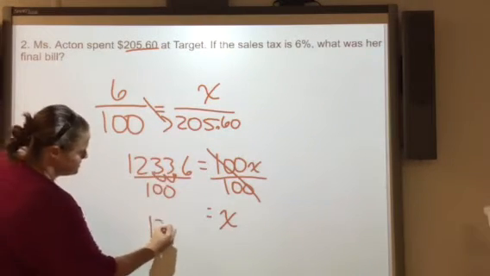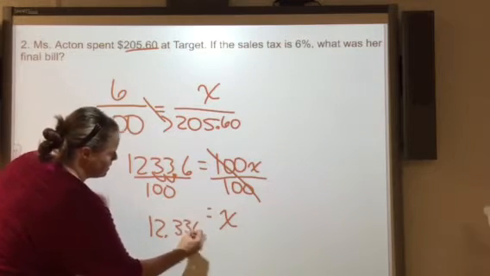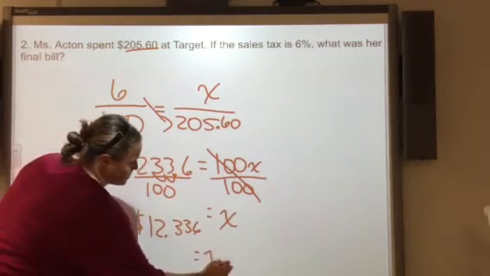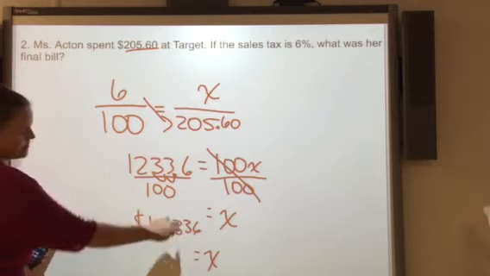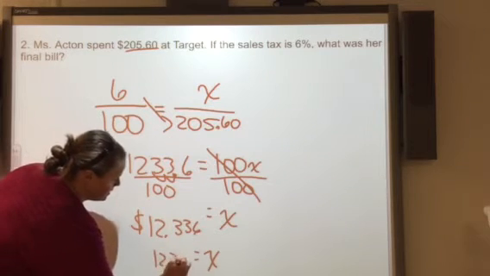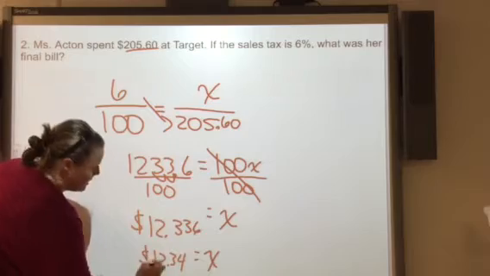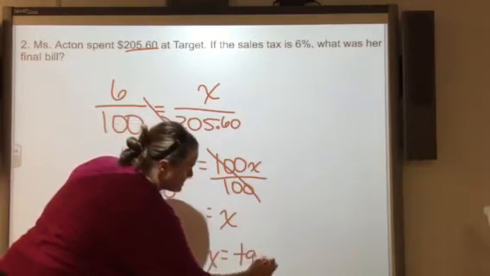We move our decimal 2 places, and that's going to be $12.34 rounded, and that's going to be the tax.